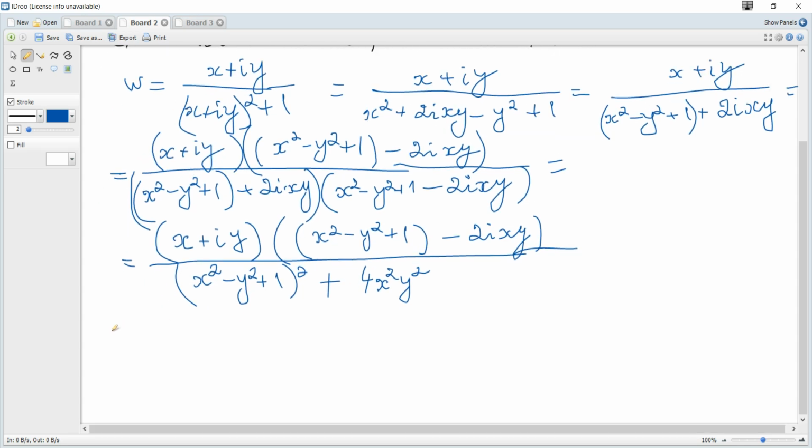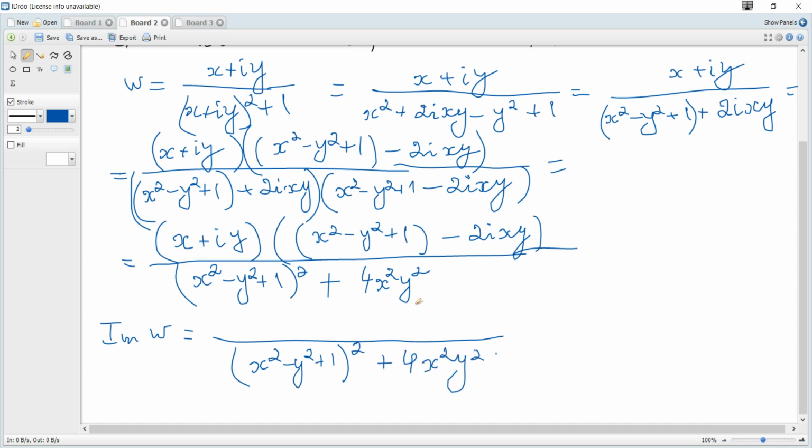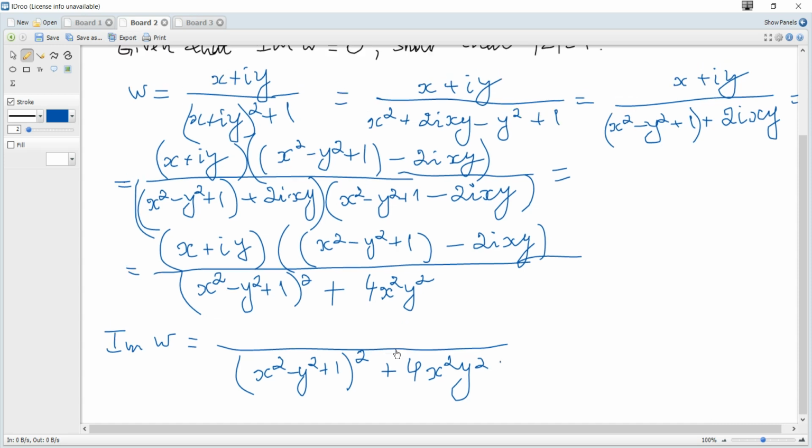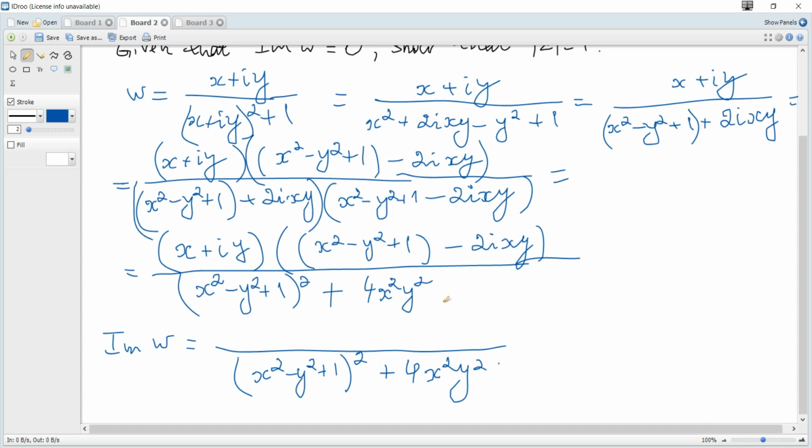So let's consider the imaginary part of w. The denominator is the same, but when do we get terms with i?